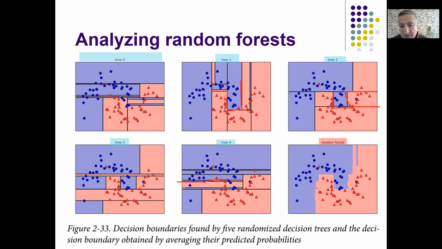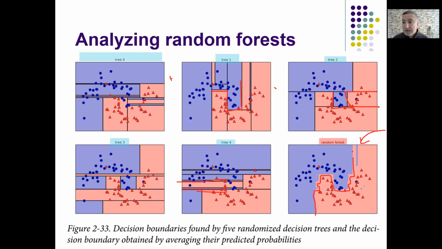Notice that? But look at the random forest. Do you think that these decisions are lines? No, they are curves. Yeah, it is smoother, right?